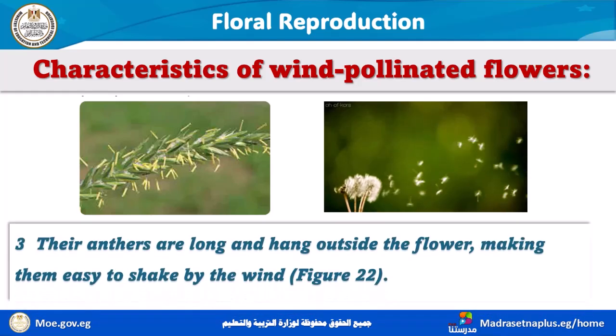Also, in case of wind-pollinated flowers, their anthers are long and hang outside the flower, as you can see here, making them easy to shake by the wind, as in figure 22.